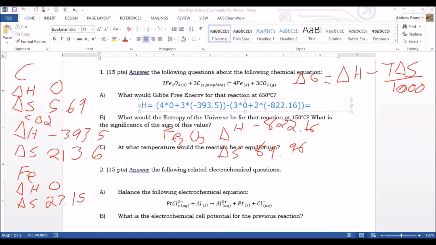So negative 393.5 times 3 minus a negative 822.16 times 2, because the zeros drop out. And this you get a positive 463.82.